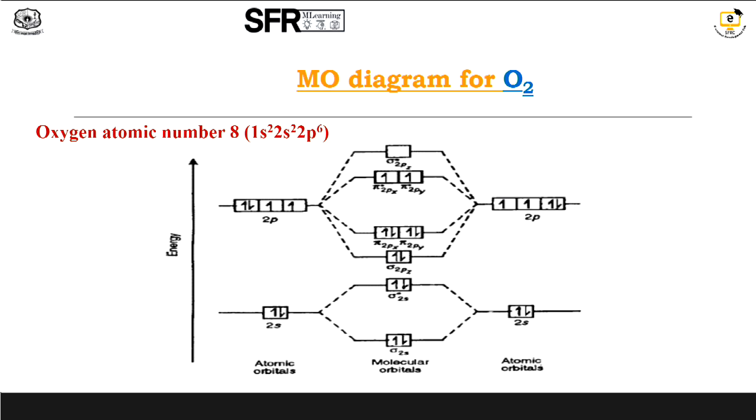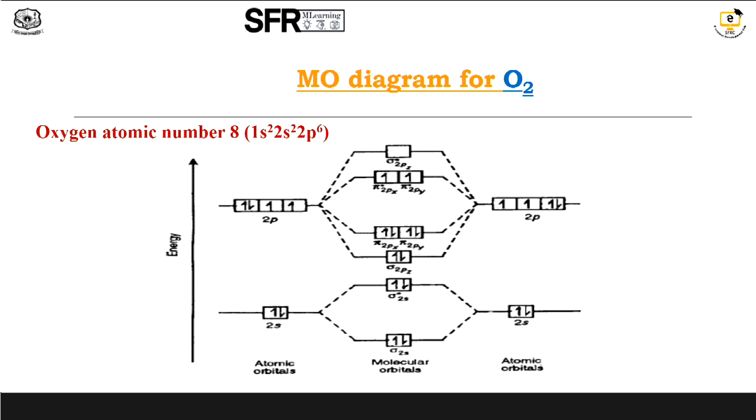In the center we have the molecular orbitals, formed when atomic orbitals combine. The number of molecular orbitals formed is equal to the number of atomic orbitals combined. If the 2s atomic orbitals of 2 oxygen atoms combine, we get 2 molecular orbitals. This is represented in the MO diagram of the oxygen molecule.